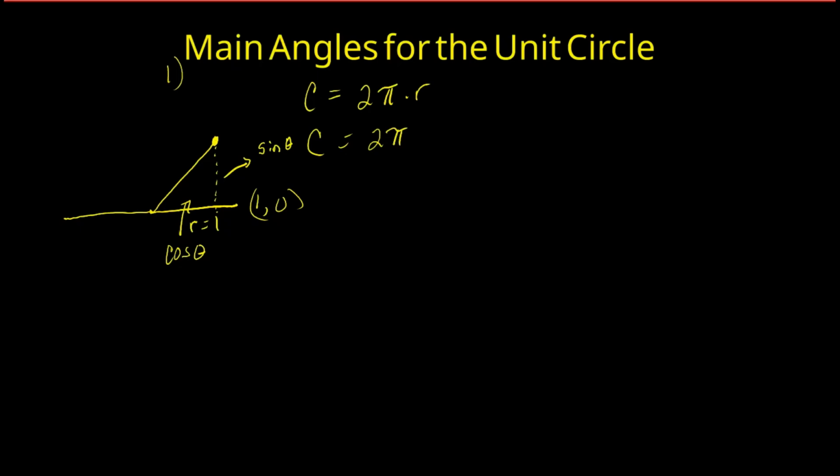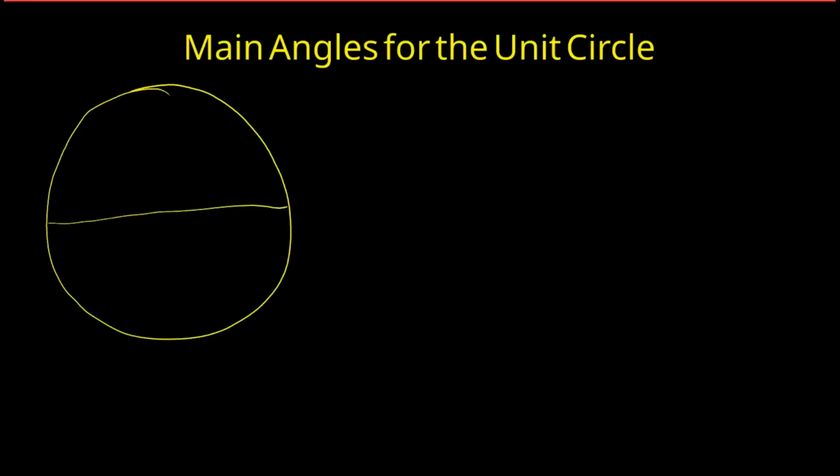Okay, so let's erase most of this. Let's go back to a circle. So if this is 0, this is 90, 180, and 270 degrees.